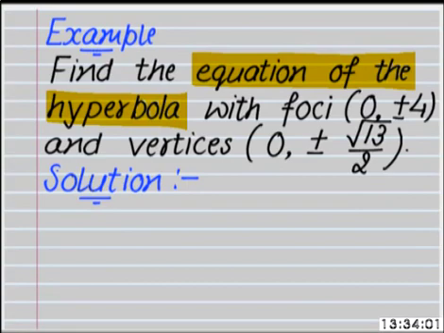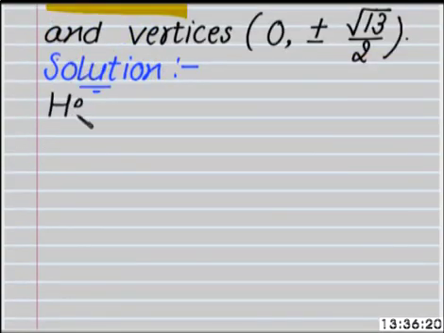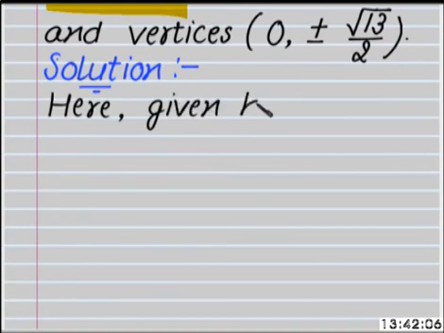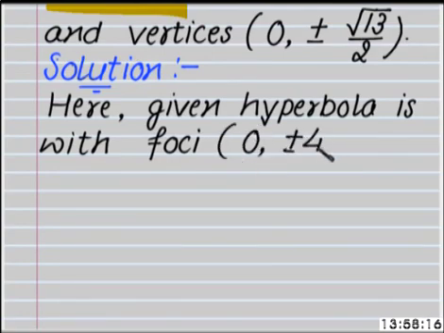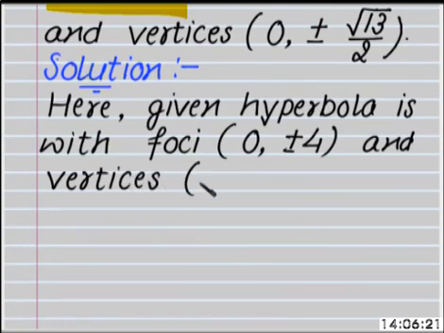Now its solution. Here, the given hyperbola is with foci having coordinates 0 and plus minus 4 and vertices having coordinates 0 and plus minus root 13 by 2.